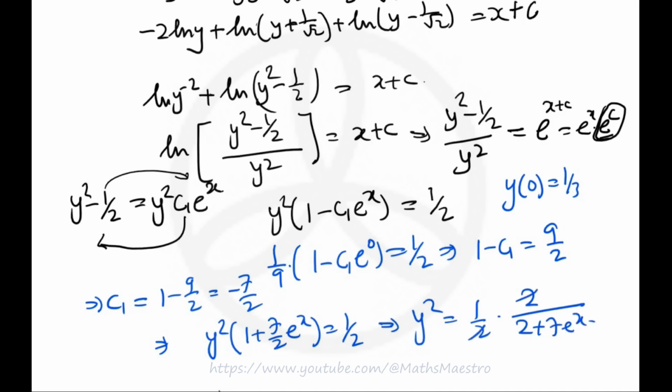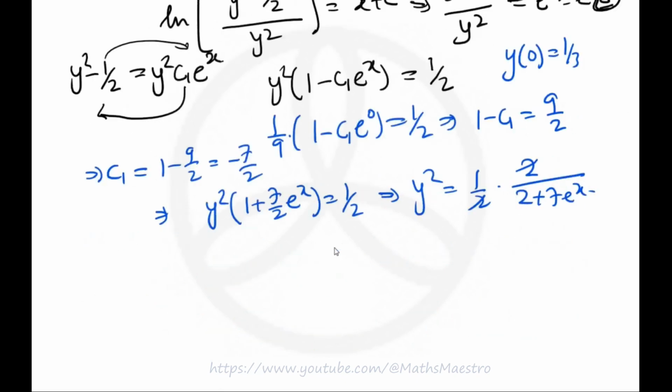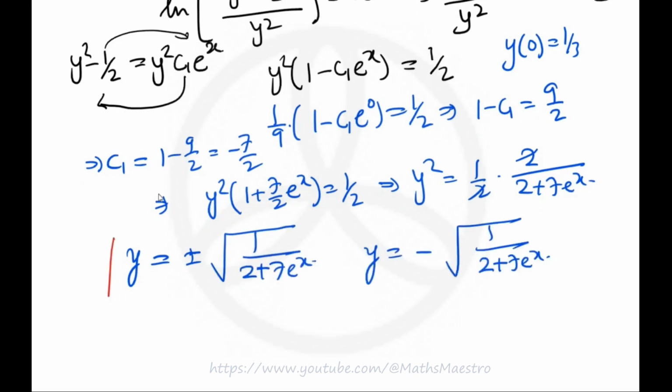This will cancel each other out, and y will become plus minus of a square root of 1/(2 plus 7 e to the power x). So this is the answer of this problem.